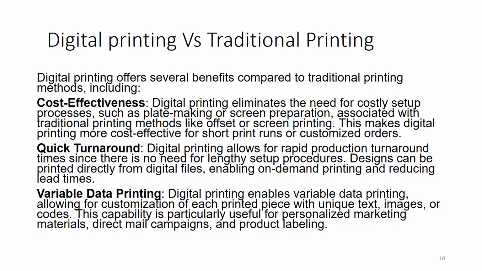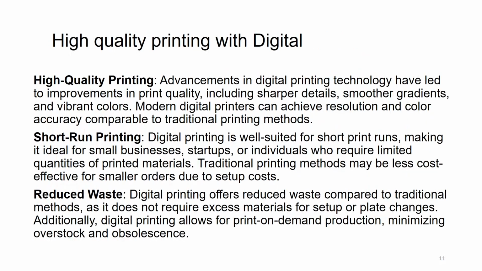Digital printing enables variable data printing, allowing for customization of each printed piece with unique text, images or codes. This capability is particularly useful for personalized marketing materials, direct mail campaigns and product labeling. So, there are lots and lots of advantages when we compare the traditional printing with digital printing.